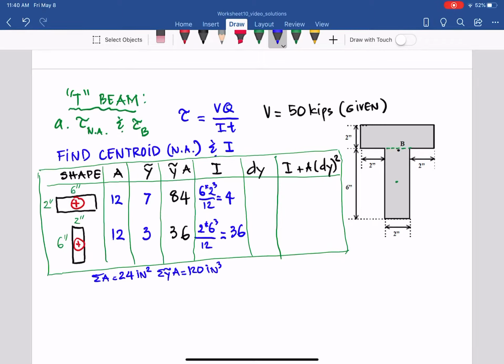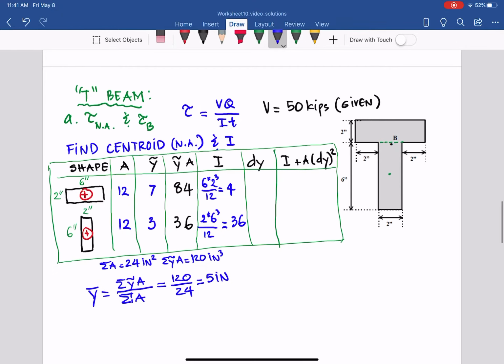From that we have y bar equal to the sum of all the y times A divided by the sum of all A. So 120 divided by 24 equals 5 inch. So now we know the y bar for the whole cross section.